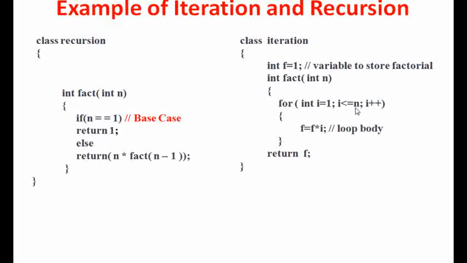When the loop terminates, that is i turns 5, f value is returned, which is 24. Variable f is actually accumulating all the numbers from 1 to n by multiplying, that is 1 into 2 into 3 into 4 is equal to 24. Therefore, factorial of 4 is 24.